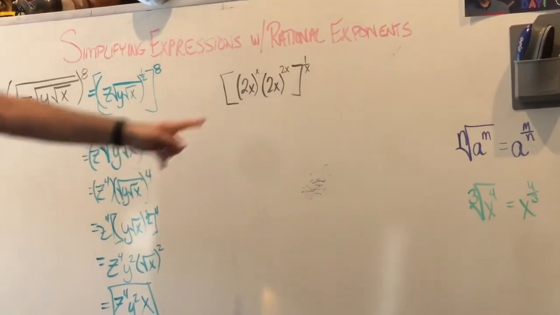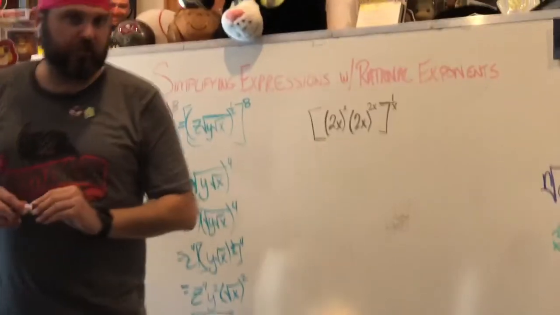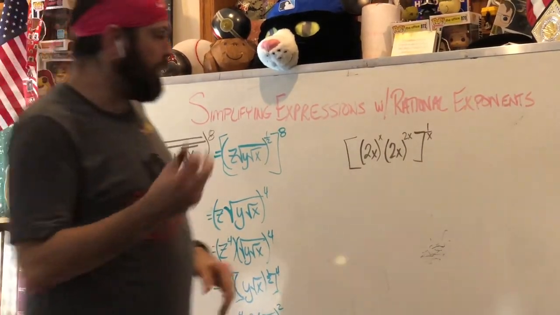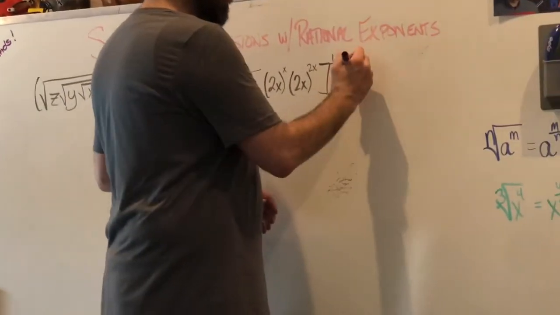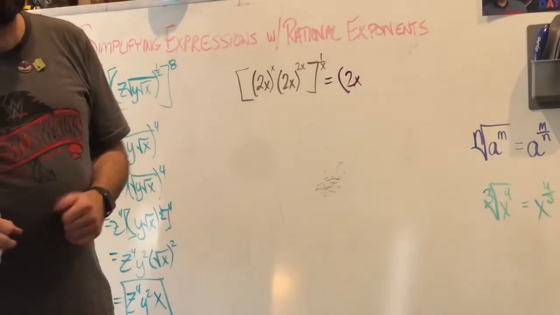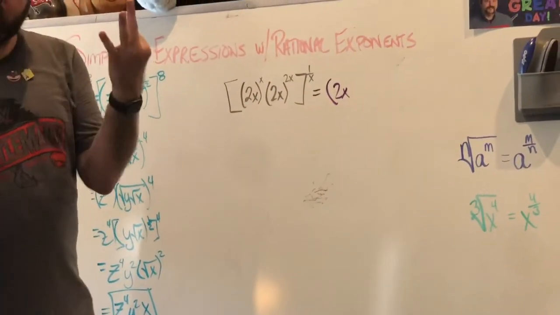Well, I see we've got two things being multiplied here inside those brackets. Two things being multiplied that have the same base, which means we can add those exponents together. What's x plus 2x? 1x plus 2x, 3x.